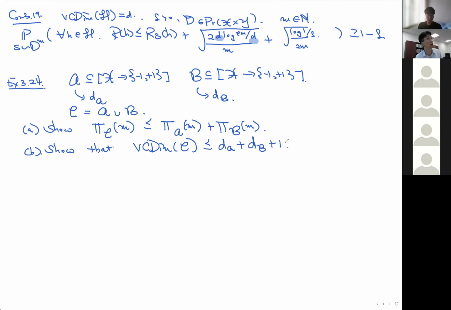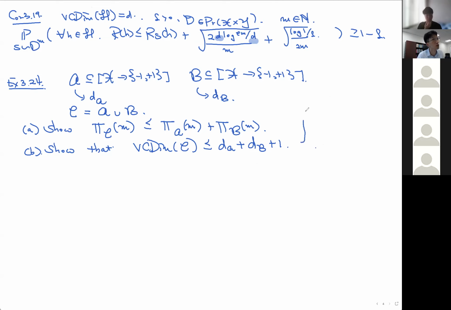So that's the second exercise. We can solve it by using the first exercise. Showing the upper bound of VC dimension really boils down to this second part. The second part may look a bit difficult, but actually it's not.